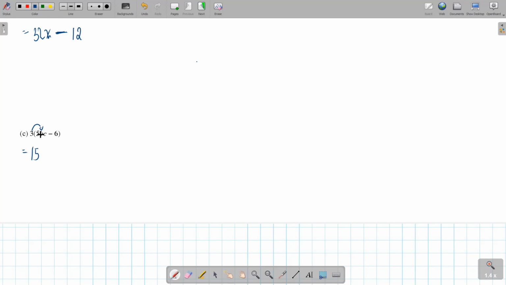The alphabet will remain, the variables are still there. Positive times negative, we get negative. So 3 times negative 6, we get negative 18. Okay, we will try another few.